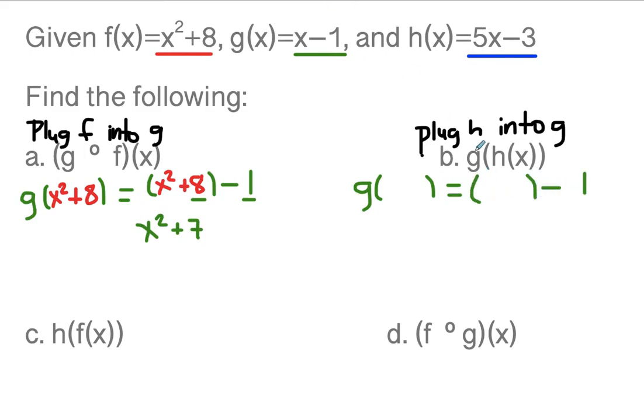But now we can replace that x with what we're plugging into it, which is h. And that is 5x minus 3. So now we just combine our like terms, and we get 5x minus 4 is this answer.